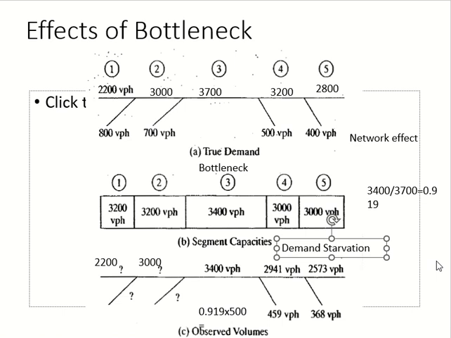But in the current condition, it is hidden. It is supposed to be a bottleneck because its actual demand is more than its capacity, but it is hidden because of segment 3, because of demand starvation. So we call it a hidden bottleneck.